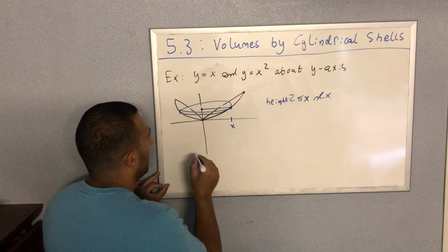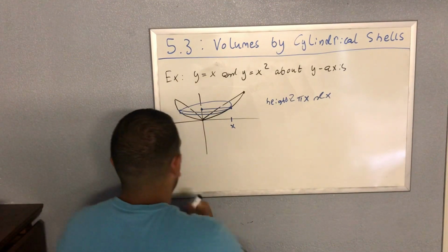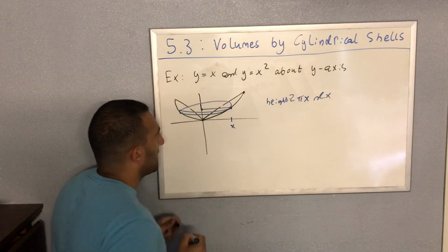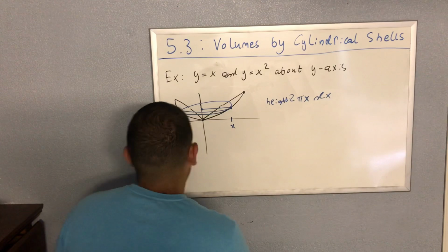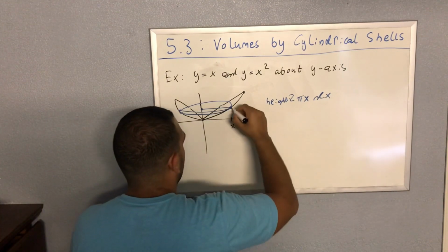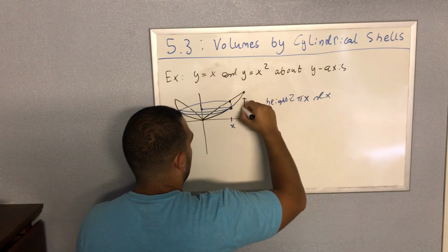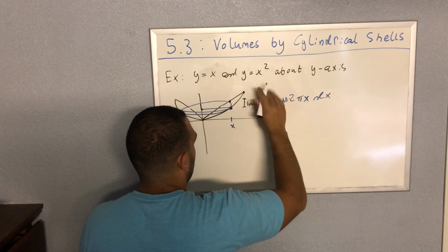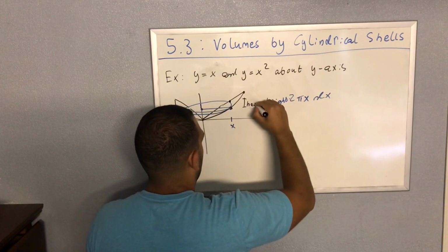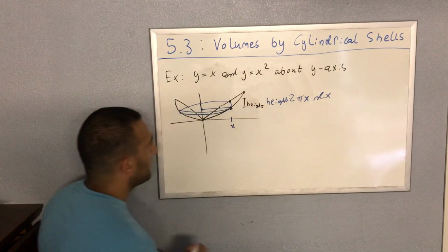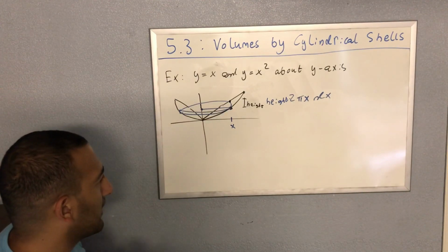This is a better drawing to represent what's going on. Okay. So the height we're looking for is from this point to that point. This is the height. So from that point to this one is the height that we're looking for.